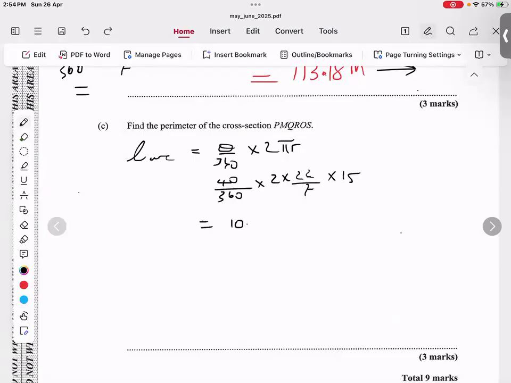Yeah, 10.5 meters. All right, but that's not the perimeter. The perimeter is 10.5 plus 15 plus 15. So that's going to be what now? 40.5 meters. That's it.